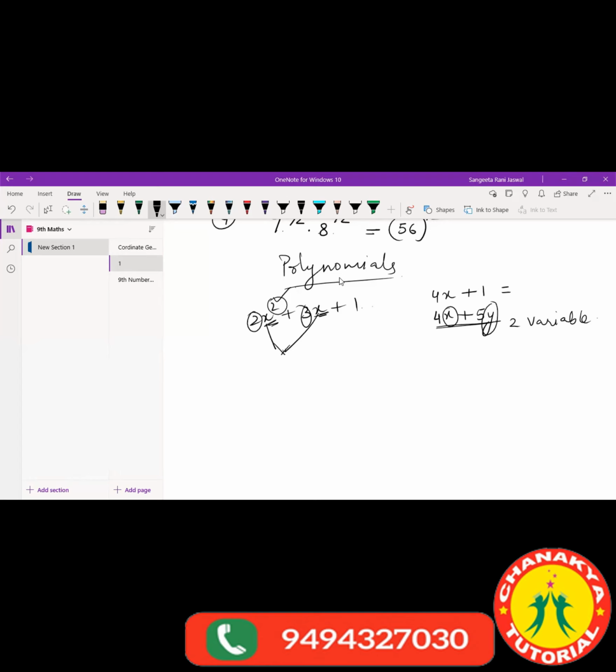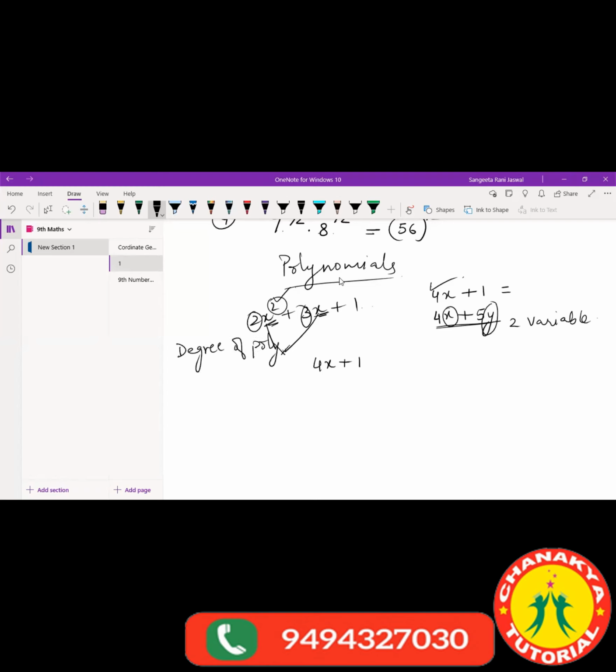So, suppose if I have some equations, I'll take some examples. If I have taken this expression, now in this expression, we can see what is the highest degree of x. Variable की highest degree क्या है? We are talking about the degree of a polynomial. What is degree of polynomial?